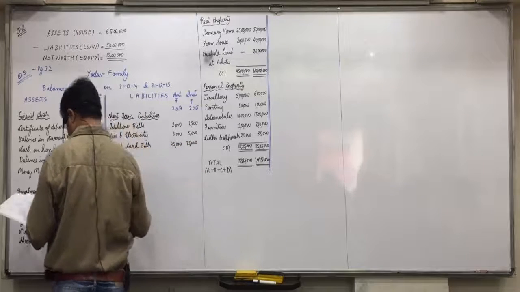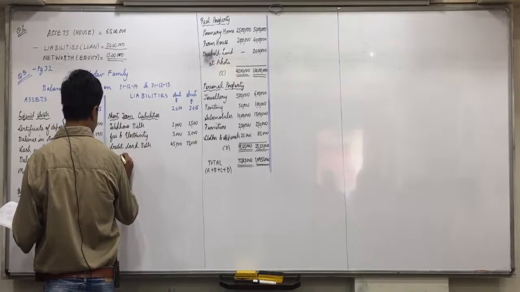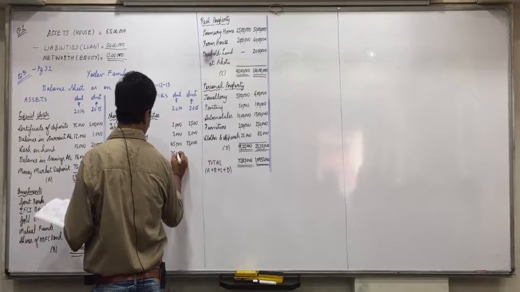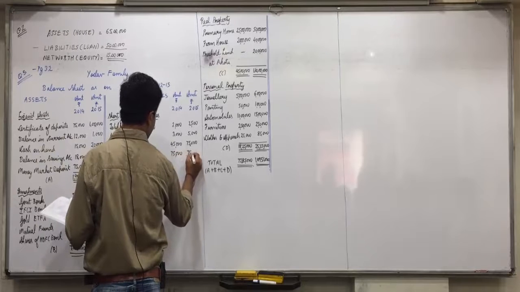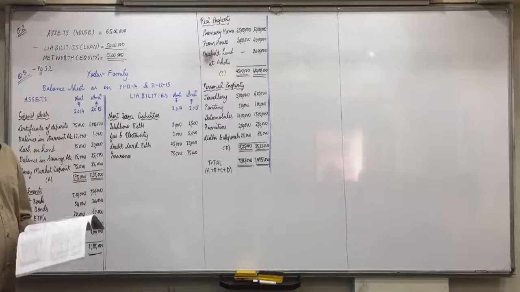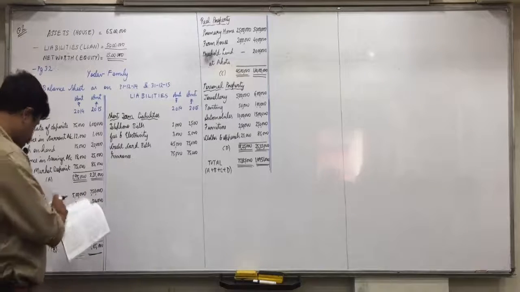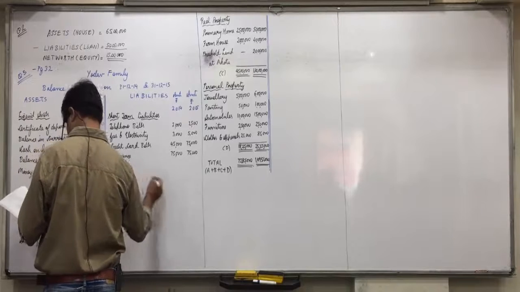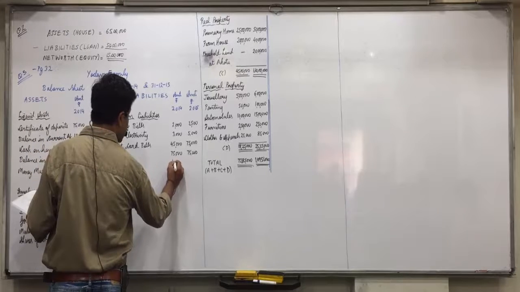Insurance, 75,000 and 75,000. Further, taxes, 40,000 and 45,000. Keep silence.